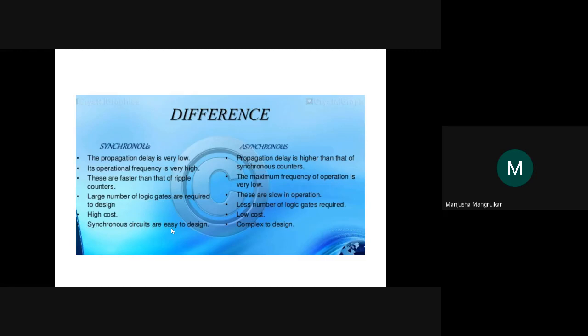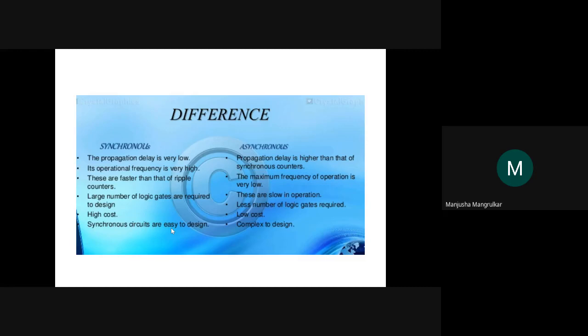Asynchronous is a bit complex to design. This is the basic difference between synchronous and asynchronous counters as we have seen. Now there is the ripple counter. So an asynchronous counter is called a ripple counter, right?